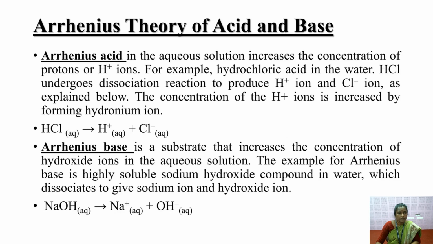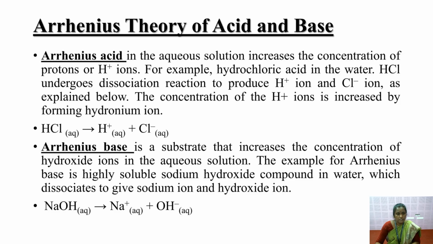Next, Arrhenius theory of acid and base. An Arrhenius acid in aqueous solution increases the concentration of protons or H+ ions. Protons and H+ ions are the same. For example, hydrochloric acid in water.